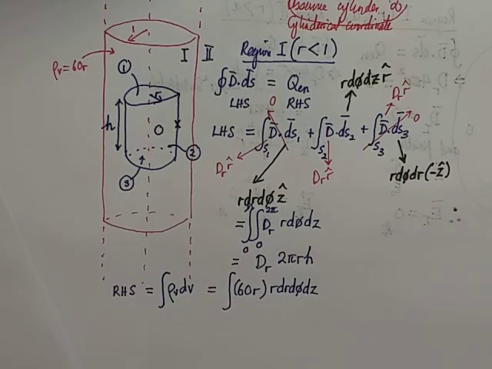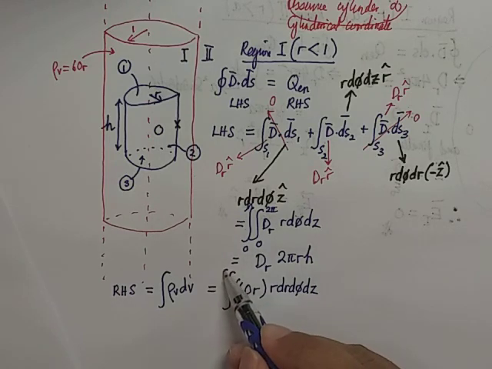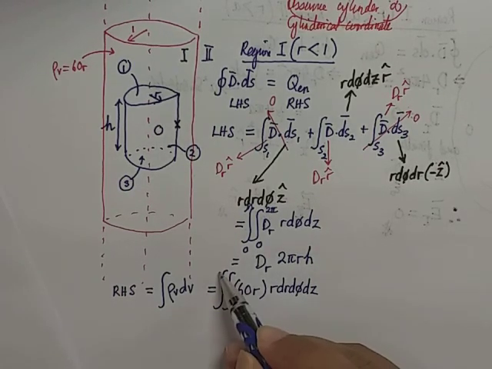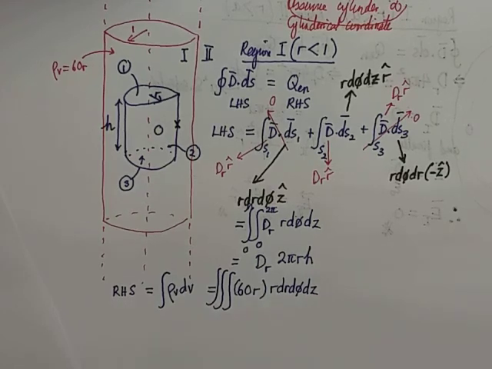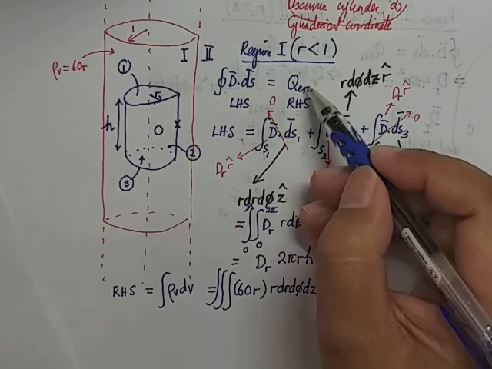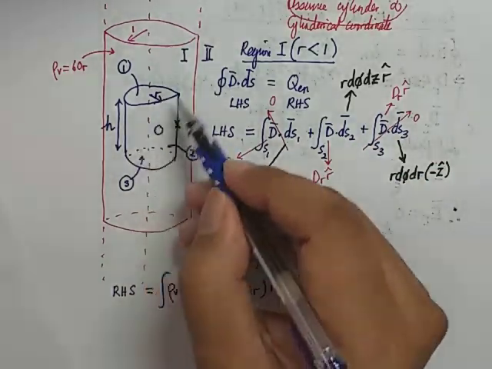So how many integrations do we have to deal with now? Triple integration. What should be the R range? Remember, the charge that we must consider here is the Q enclosed inside this Gaussian.